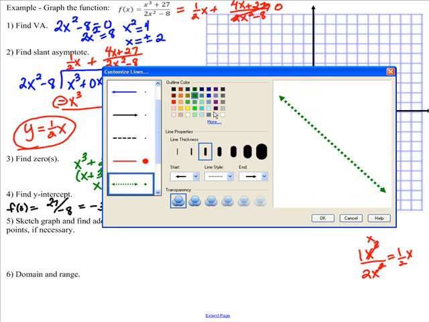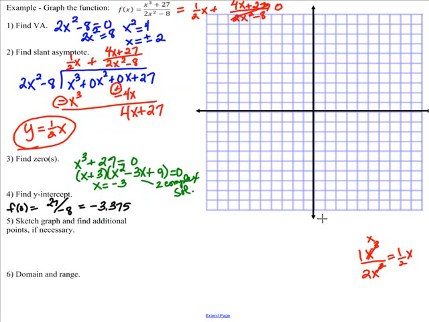So if we want to graph our vertical asymptotes at negative 2 and 2, and now we have a slant asymptote at 1/2 x. So remember that has a y-intercept of 0, we rise by 1, run by 2.